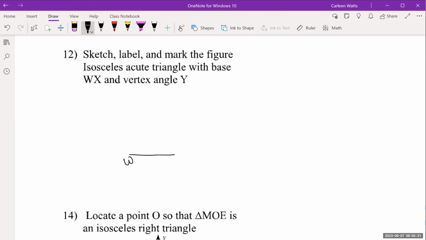The base is WX and the vertex angle is Y. So we have WX is the base, angle W and angle X are the base angles, and Y is the vertex. Now, I have not shown that this is isosceles yet, so I put marks. This side equals this side, isosceles.